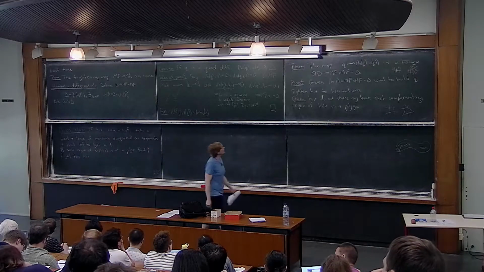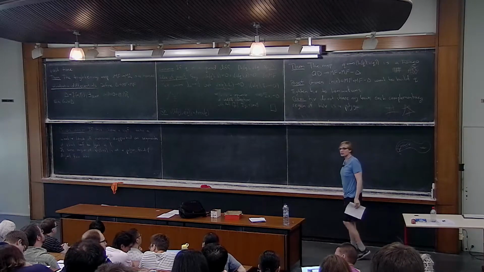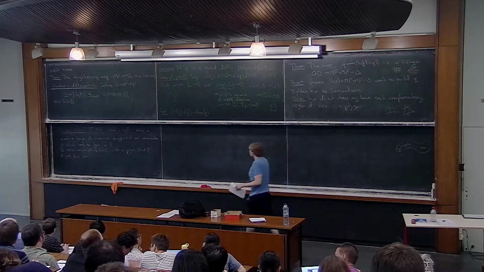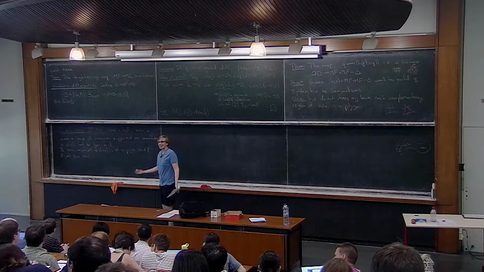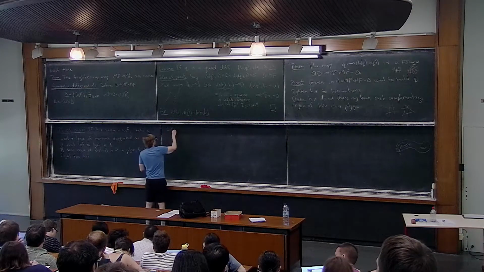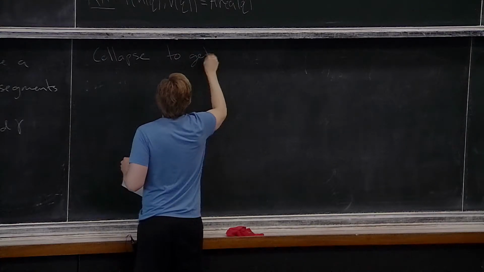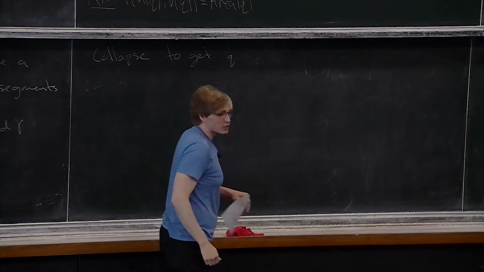Okay, so we know now that H and V don't share any leaves, and the complementary regions are polygons. And the idea is now we're going to collapse again, so collapse to get Q. Okay, so what should I collapse?